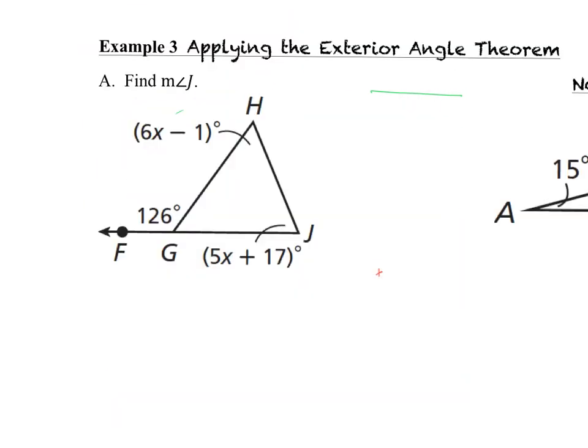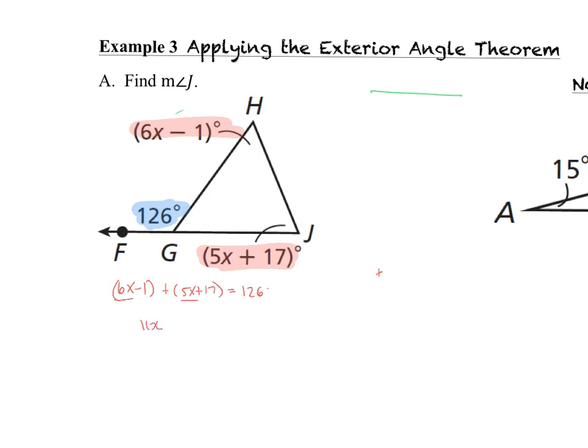Okay, so I see my exterior angle is 126, and that is equal to the sum of the remote interior angles. My remote interior angles are the ones that are not touching the 126 degrees. So therefore, 6x minus 1 plus 5x plus 17 is equal to 126 degrees.